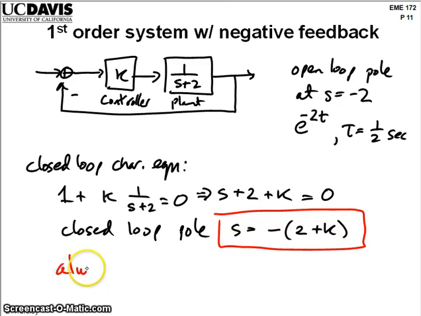So it's always stable for k positive. For a positive controller gain, it's always stable because the closed loop pole is always in the left half plane. And the cool thing is that by making the gain larger and larger, by making k bigger, I can actually make the time response faster.